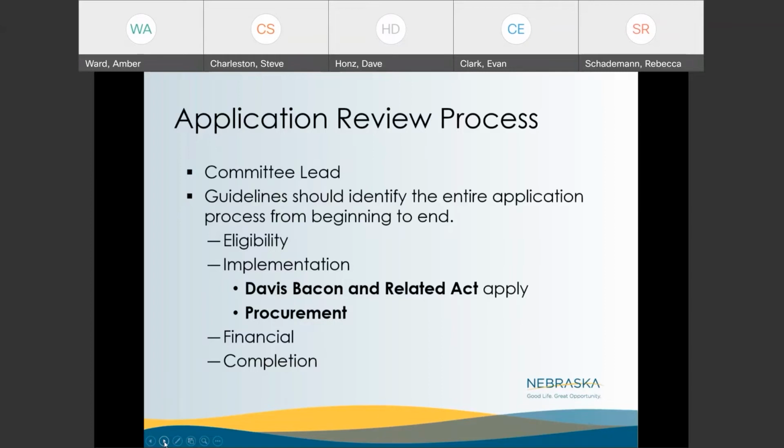methods, and we also want to highlight that the Davis-Bacon and related acts do apply to the commercial rehab process when a project exceeds $2,000 of construction-related activities. So it's important that you're also aware of the Davis-Bacon and related acts requirements because as you implement projects, you will have to follow those if your project has construction costs of more than $2,000.